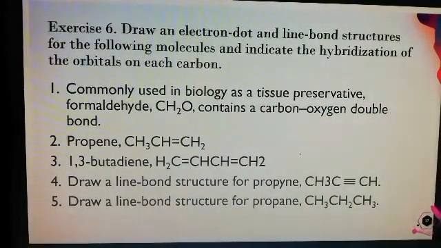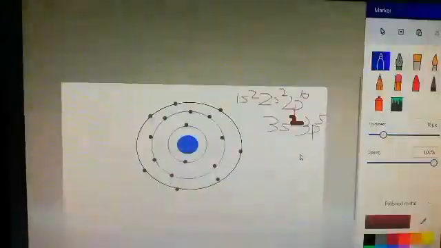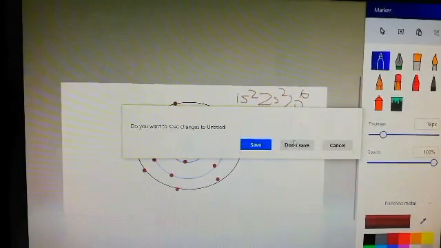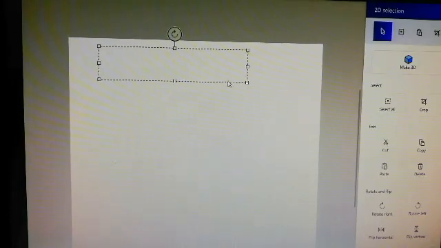Okay. Exercise number 6. Draw electron dot and line bond structures for the following molecules and indicate the hybridization of the orbitals on each carbon. So, for example, kunyari, this one.